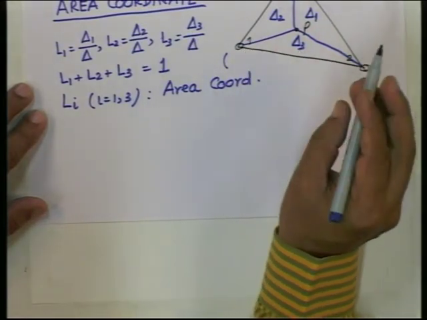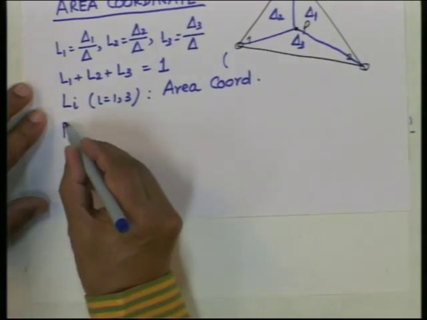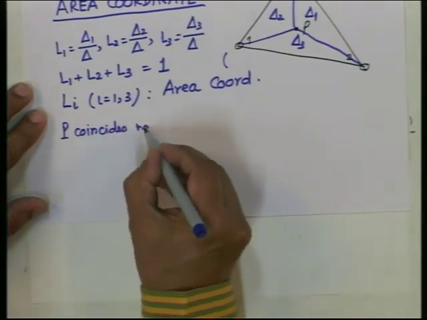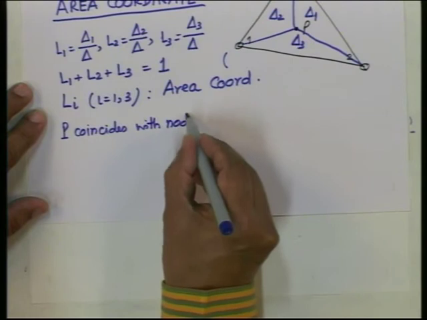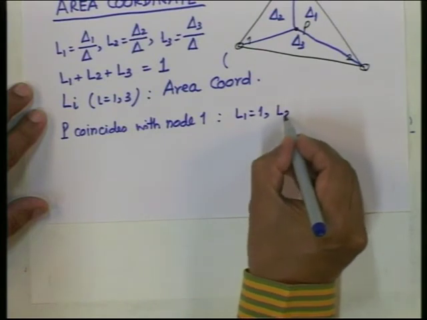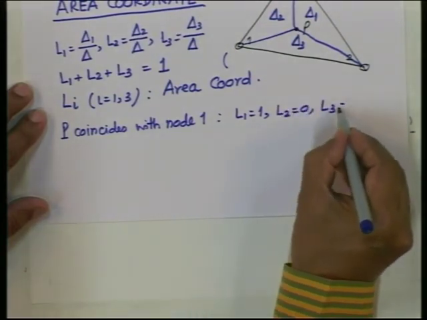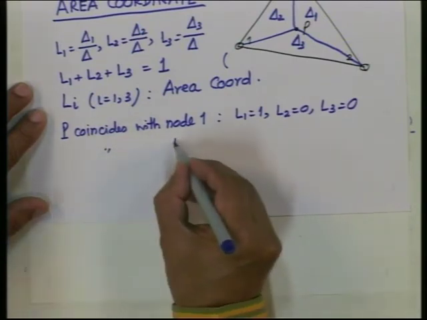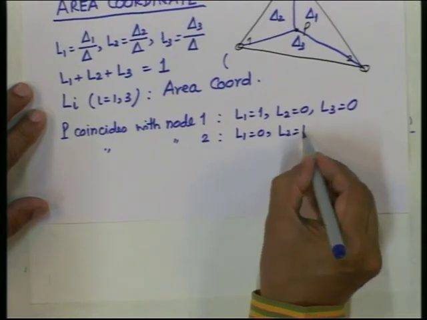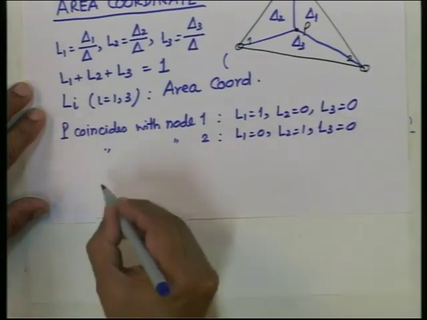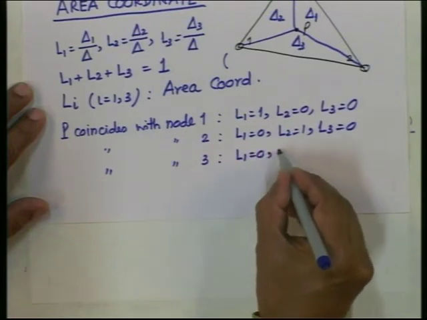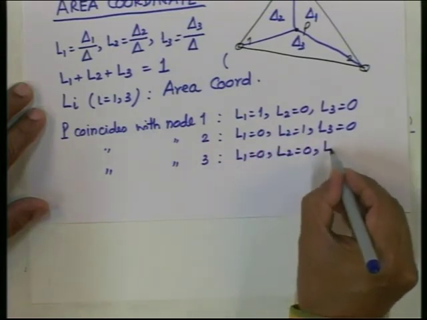Therefore, when point P coincides with node 1, L1 equals 1, L2 equals 0, L3 equals 0. When P coincides with node 2, L1 equals 0, L2 equals 1, L3 equals 0. When P coincides with node 3, L1 equals 0, L2 equals 0 and L3 equals 1.